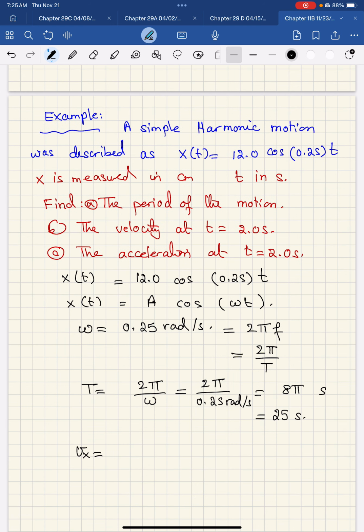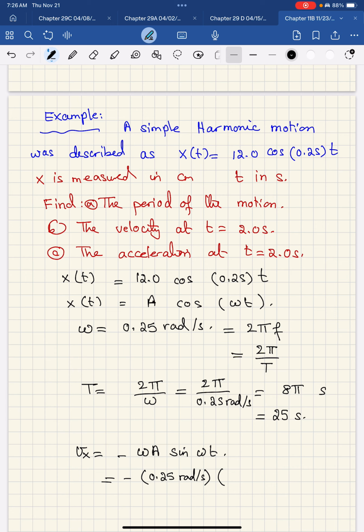Vx is negative omega A sine omega t, and that is negative, and here we know that omega is 0.25 radians per second.